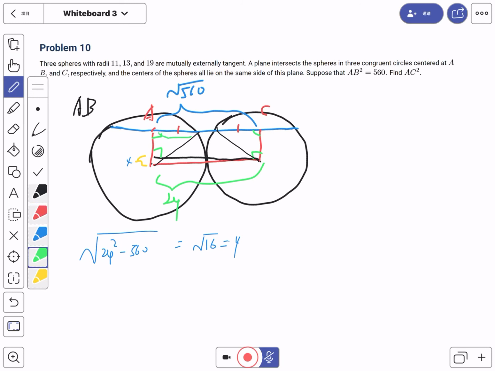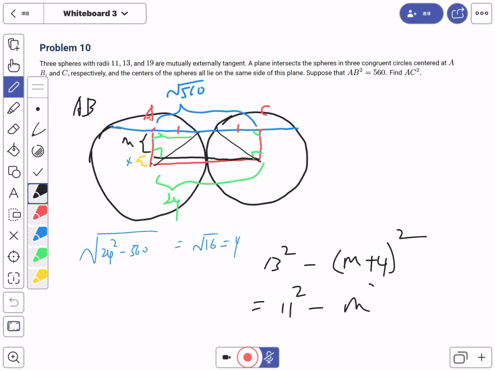You can see that for the length over here, we can set up an equation. We have 13 squared, where 13 is the radius of the larger sphere, and then we subtract, let's call this one m, plus 4 squared, and that is equal to 11 squared minus m squared. Now we can just solve for m.